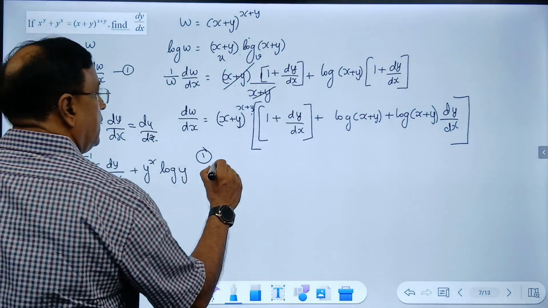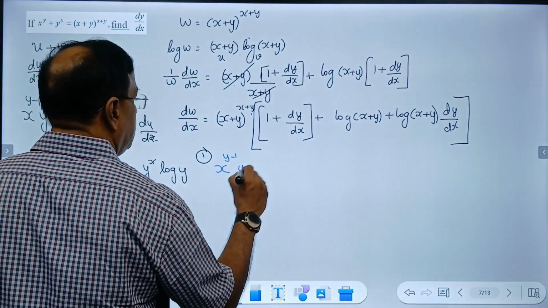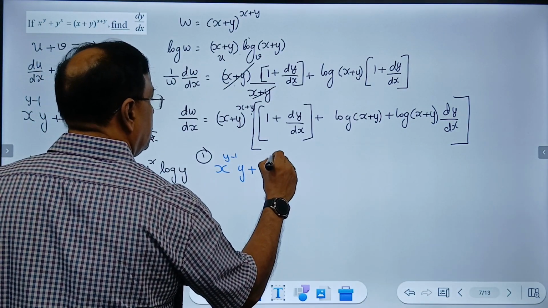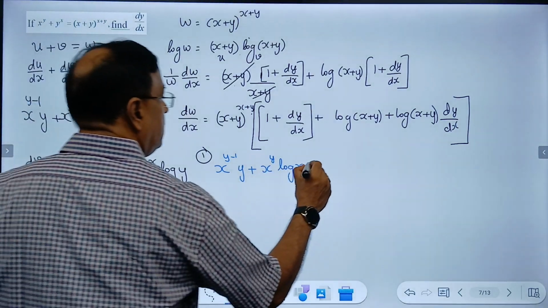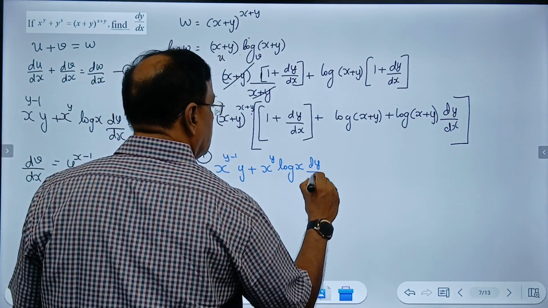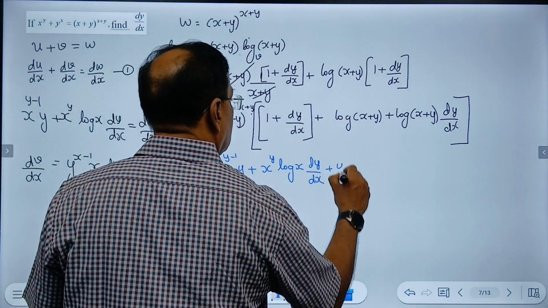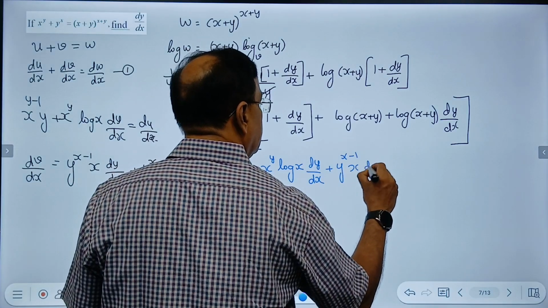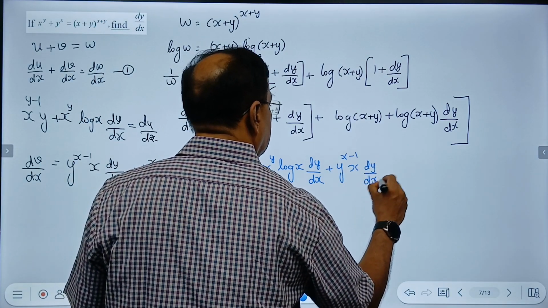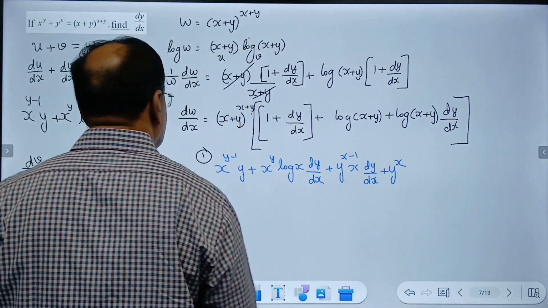Du by dx will be x power y minus 1 y plus x power y log x into dy by dx, plus dv by dx is what? y power x minus 1 x into dy by dx plus y power x log y.